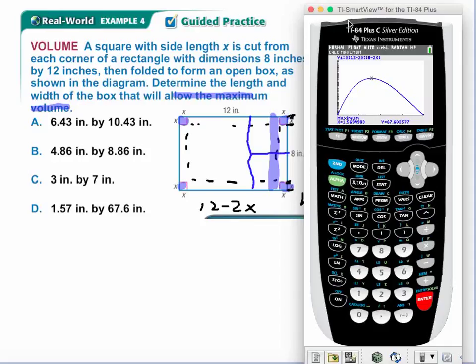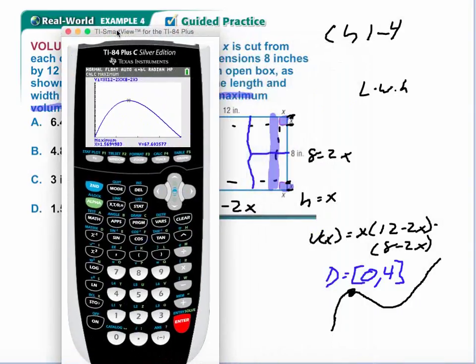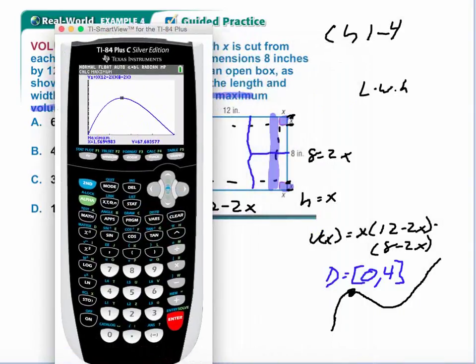Okay, so now what we get here is a maximum where the x value is 1.5694. We'll go out to 10,000.